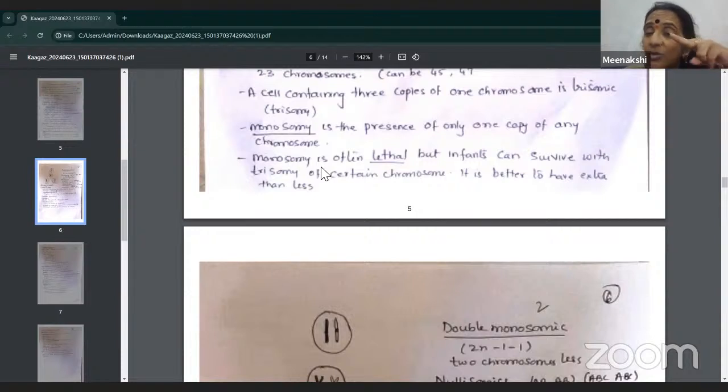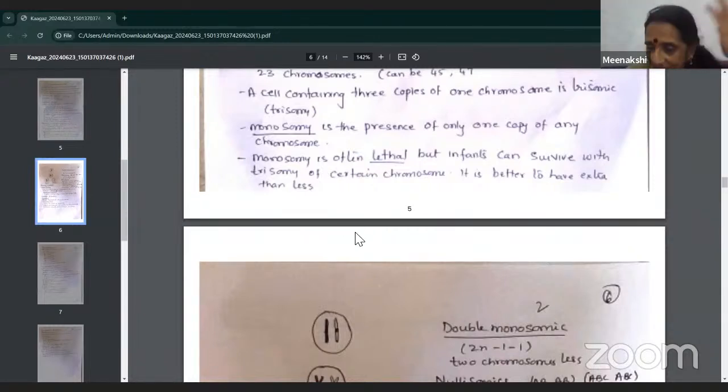So in monosomy, only one copy of that particular gene is there and the other partner is not. When there is a complete loss of one chromosome, it will lead to lethal genes or epistatic genes, wherein the recessive characters will be expressed, and generally the recessive characters are more lethal and dangerous than the hybrid characters.